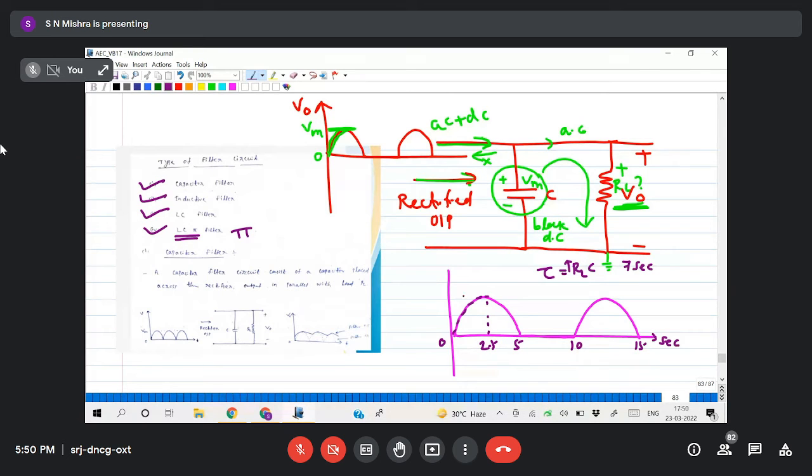That means from Vm, let us take 5 volt, to move from 5 volt to 0 volt, it requires 7 seconds instead of 2.5 seconds. So can I reach 0 volt after 5 seconds?